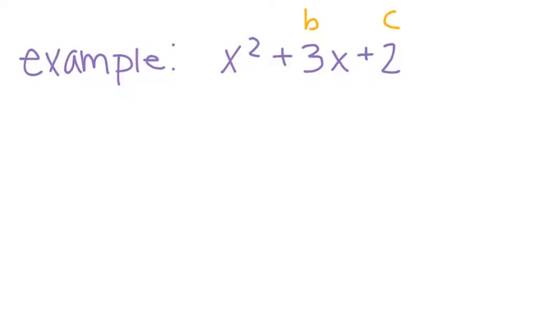This one's actually a very easy one. There's only one factor of 2, which is 2 and 1. So 2 times 1 is 2, and 2 plus 1 gives me 3.